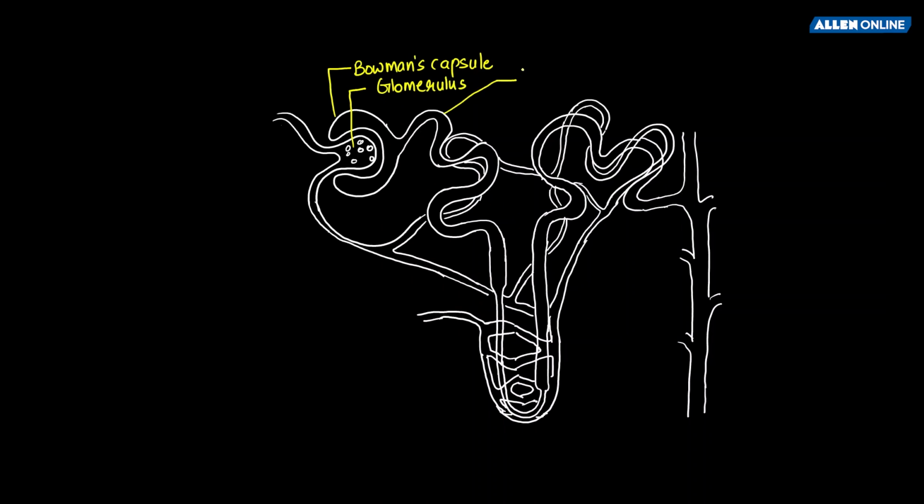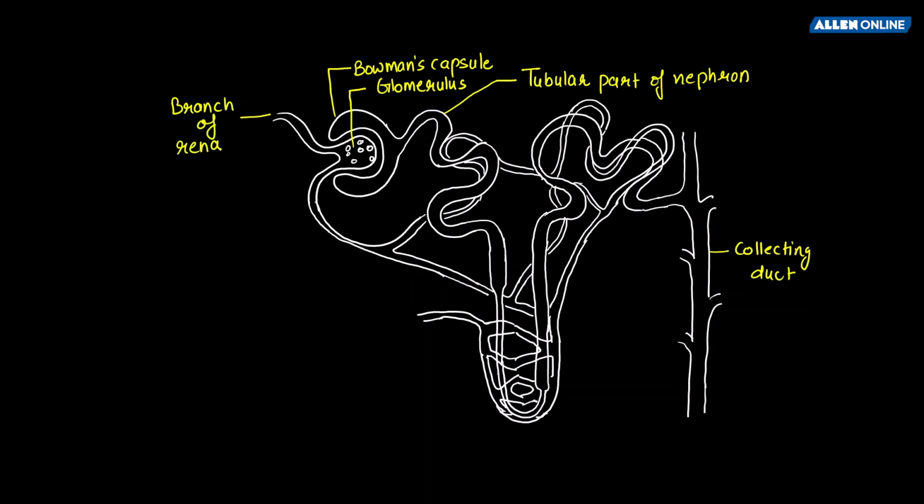Then tubular part of nephron, collecting duct, branch of renal artery, this is the branch of renal vein.